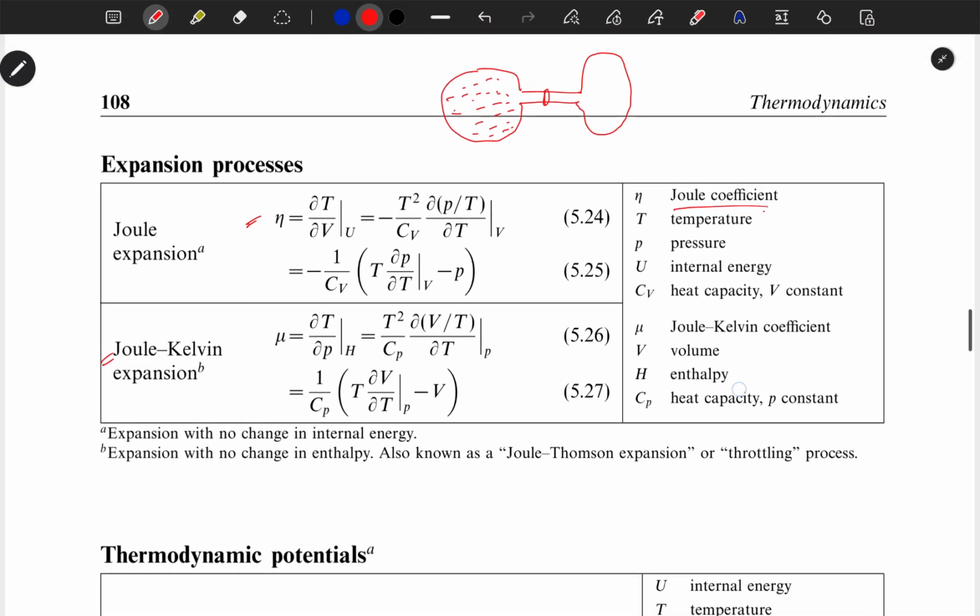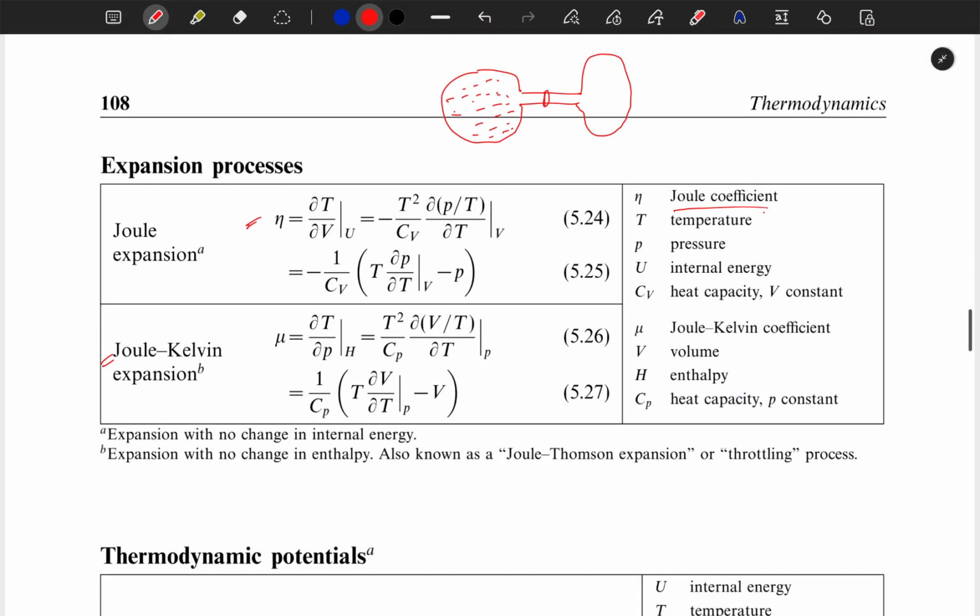So expansion processes. In Joule expansion, we have two containers with a separation between them, and we will remove the separation and the gas will freely expand. So the Joule coefficient in that case is dT by dV at constant internal energy, and Joule-Kelvin expansion is dT by dP at constant enthalpy.